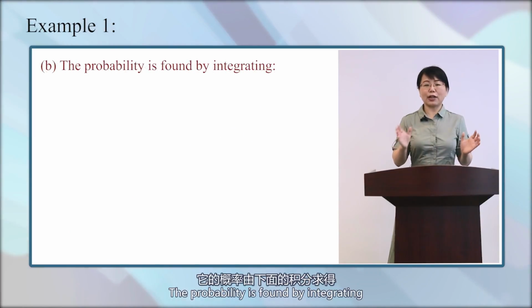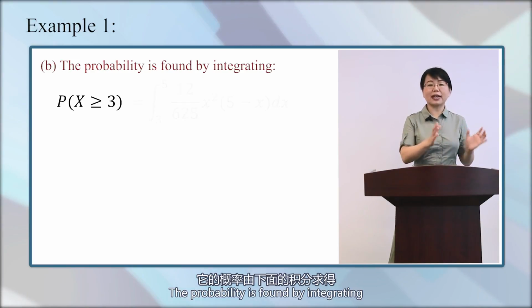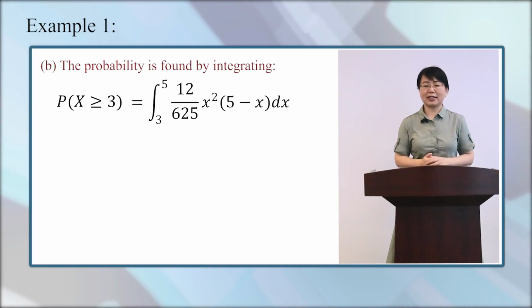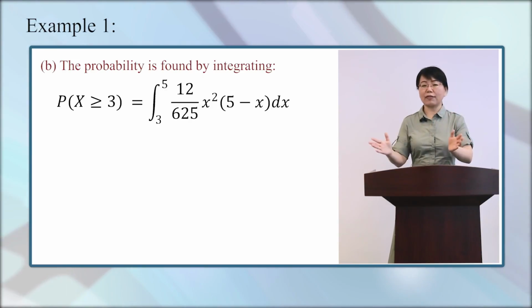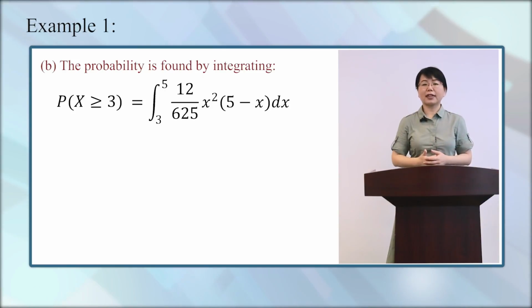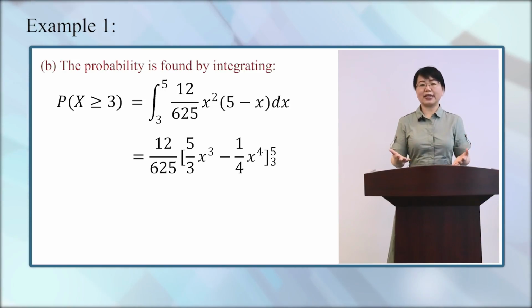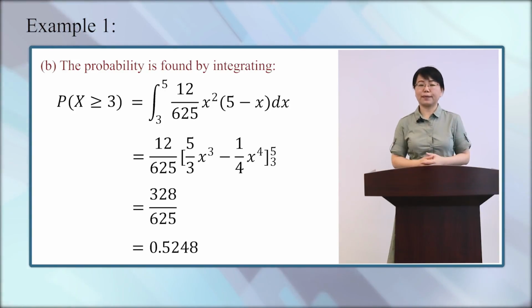Second, the probability that X is greater than or equal to 3 is given by this integration, the integral of the PDF on the interval from 3 to 5. Again, we can integrate by polynomial integration to find the value.